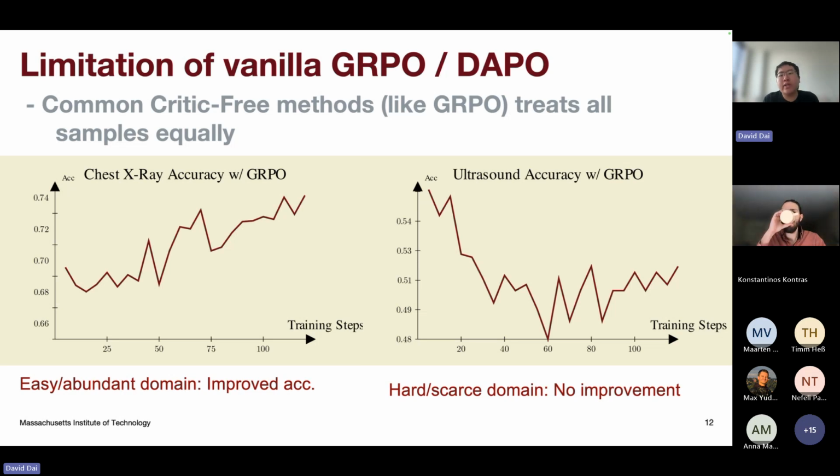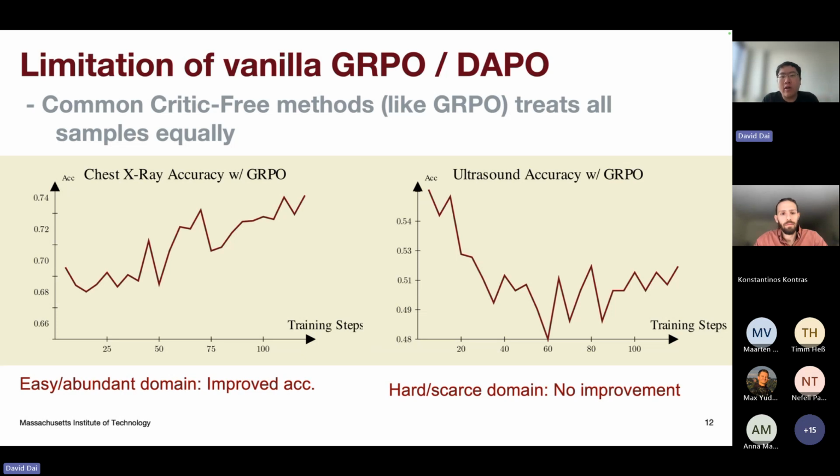We tried training with GRPO reinforcement learning, but we soon found a critical issue. The issue is that GRPO treats each of the input samples equally and normalizes across all rollouts of each sample. So each individual sample has roughly equal contribution to the gradient of each step.